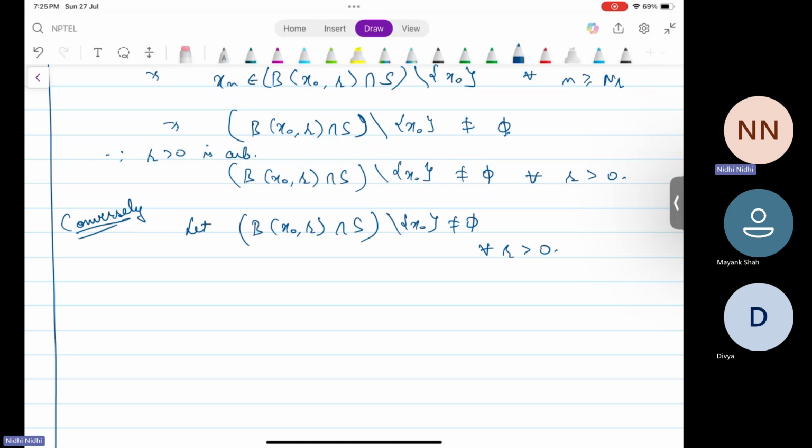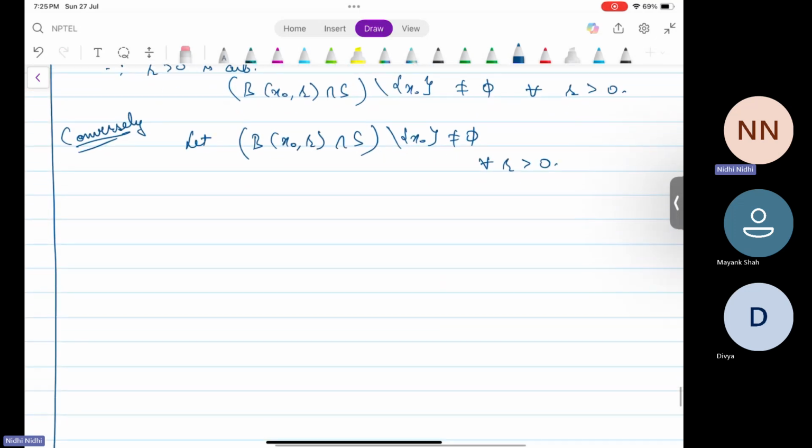Again, as done earlier, we'll construct a sequence by picking terms from these non-empty sets. Let x1 belong to B(x naught, 1) intersection S minus x naught, x2 belong to the same with radius 1/2.